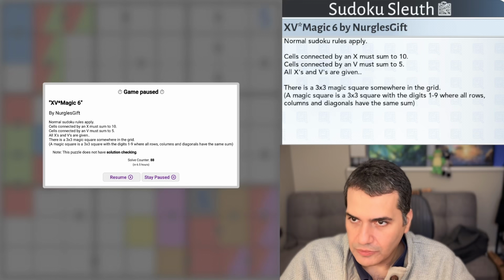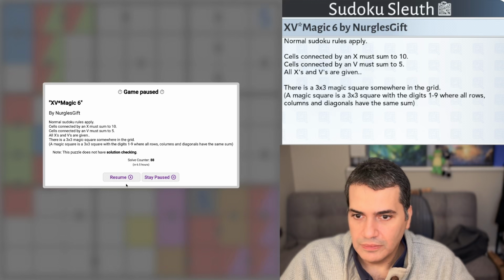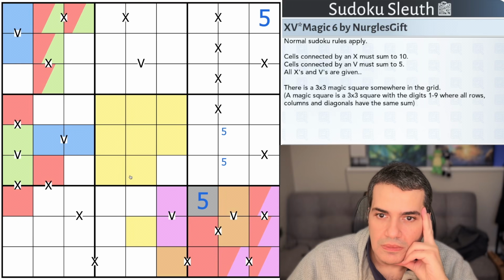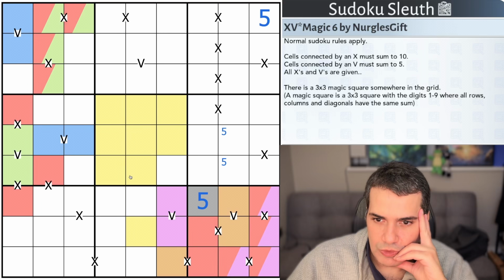Right, sorry about that. And we're back. I say we're back, but I am genuinely flummoxed, if that's the right word or phrase to use, about where to go with this puzzle.